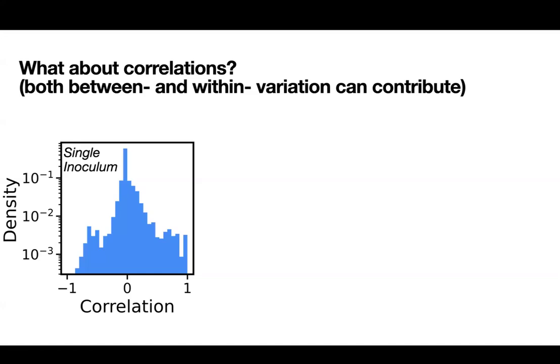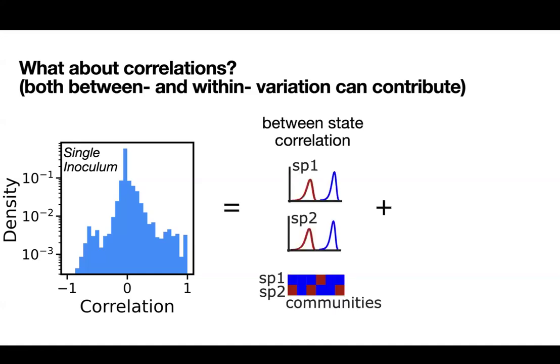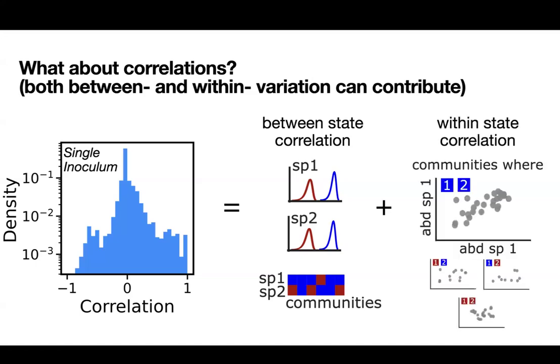So you have some pairs that have a very high correlation, some pairs that have a very low correlation. You can write this correlation as a contribution of being in the low versus high abundance state. So let's say species 1 and species 2 can be both in the high abundance state in the same communities, or both in the low abundance state in the same communities, or in different states. And also the variation when they are both in the high abundant state, their abundance can be correlated. So in principle, both of these sources of correlation could contribute.